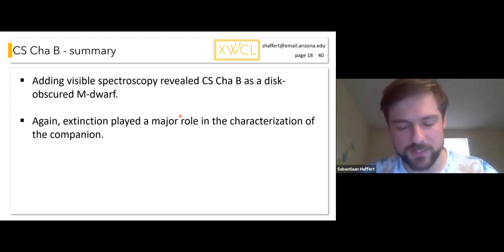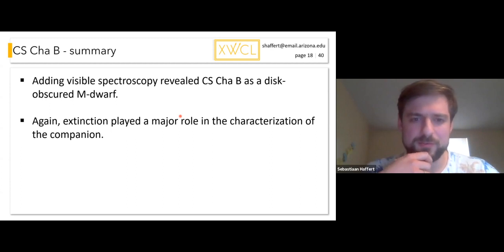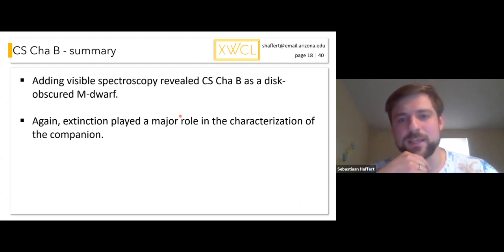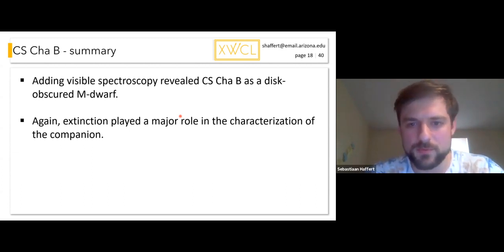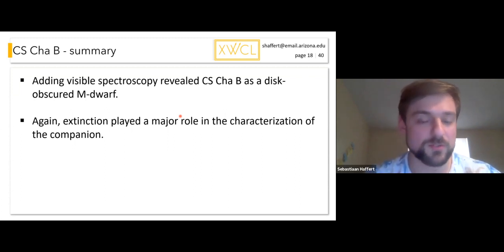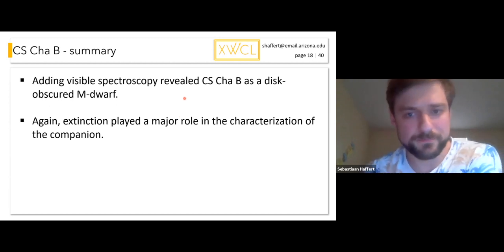So recently there was an object detected. I think it was CRA9, if I remember right. And they've done near-infrared spectroscopy and K-band spectroscopy, but with only the near-infrared observations, they were not able to constrain whether it was a planetary object or a stellar object.